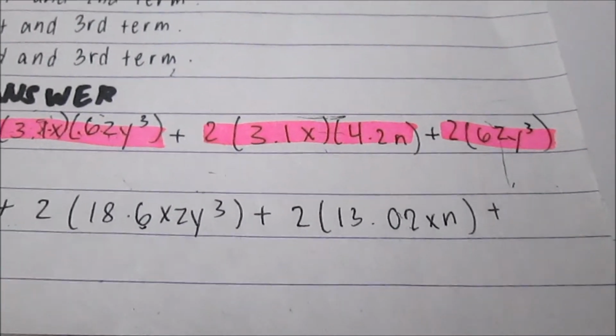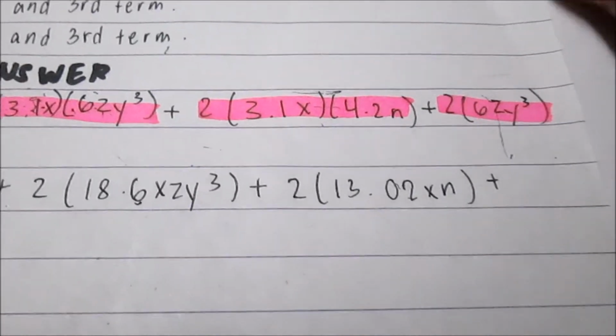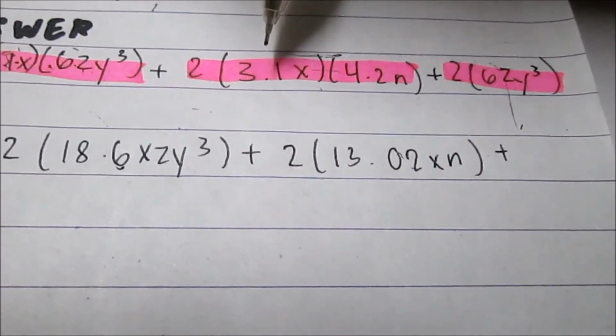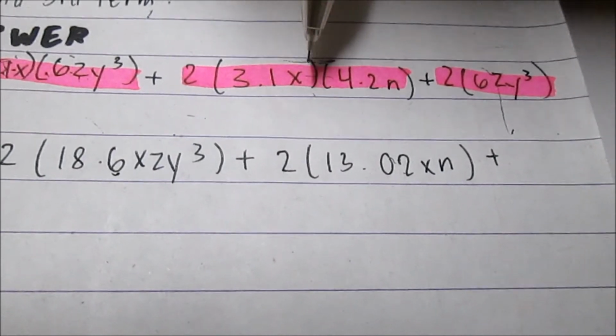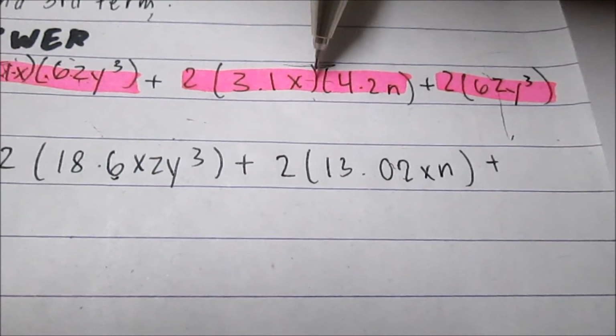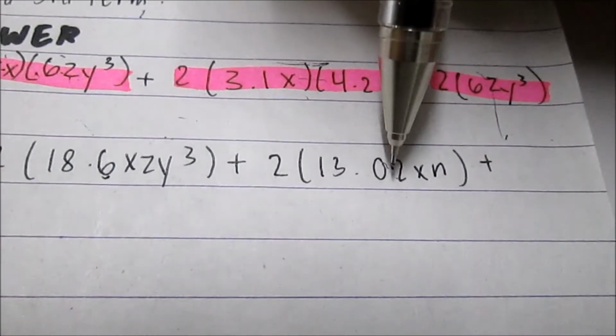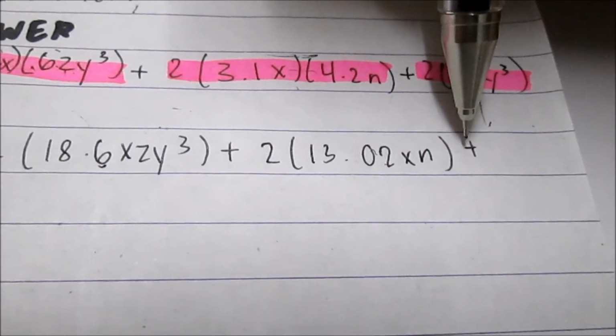Step number 5. Twice the product of the first and third term. We multiply 3.1x with 4.2n. The product of this is 13.02xn.